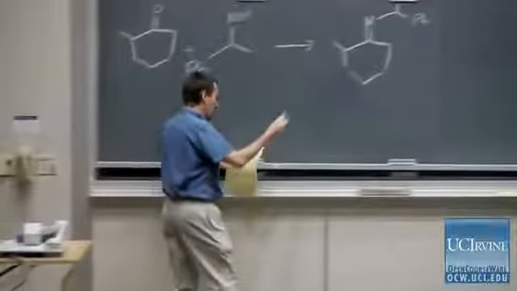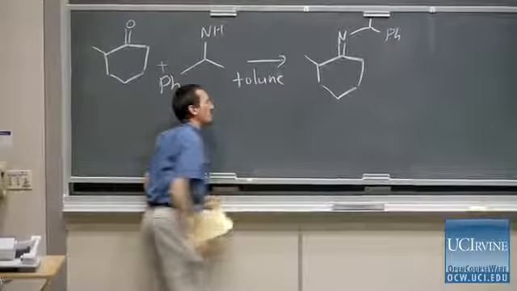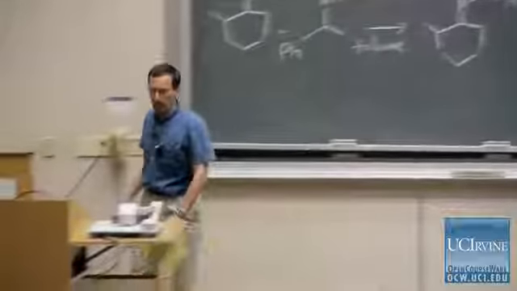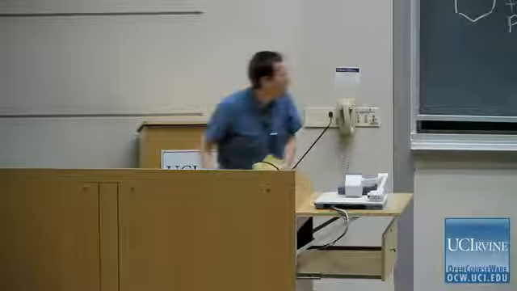And here the experimental conditions are very similar. The reaction's done in toluene. Benzene boils at a little bit lower temperature than toluene. Toluene boils at about 110, benzene at about 80 degrees.